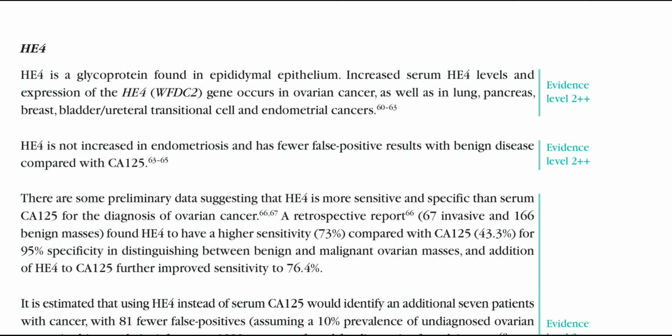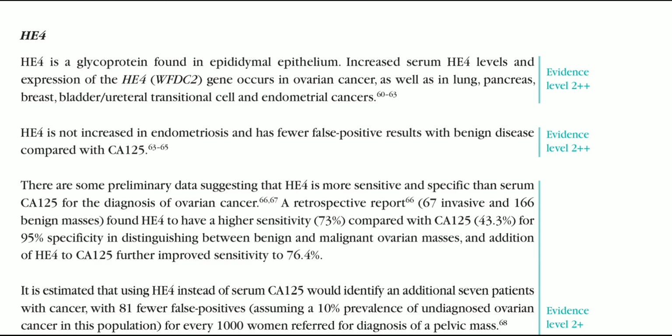Okay, the role of HE4 level is important. HE4 is a glycoprotein found in epididymal epithelium, and increased serum HE4 level and expression of HE4 gene occurs in ovarian cancer, as well as lung, pancreas, breast, bladder, and ureteral transitional cell, and endometrial cancer as well.